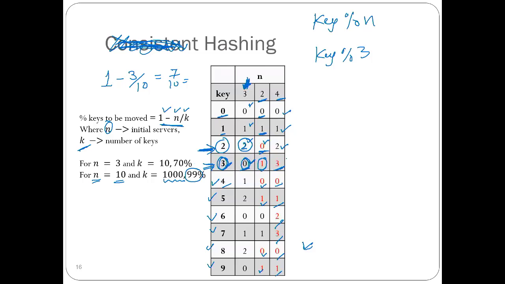These red entries that you're looking at are there because we had to move some keys to a new server. That we will still have to do, but what we'll do in consistent hashing would be much less than this one over here. In this example, if you remember, we ended up moving 70% of the keys. Extremely inefficient when we had just increased one more server and there were only 10 keys.